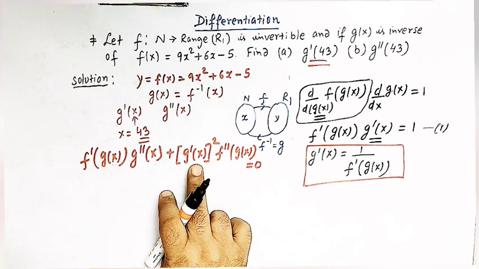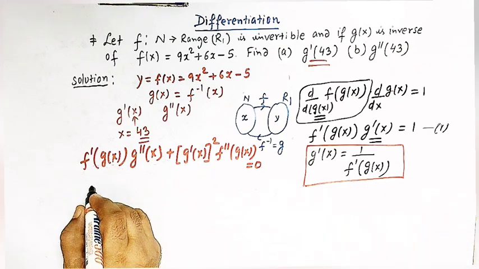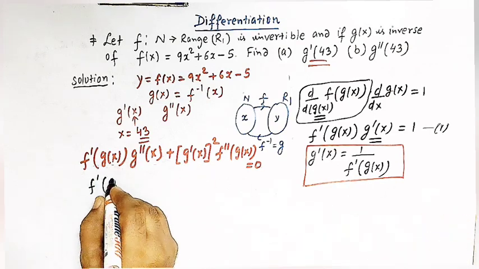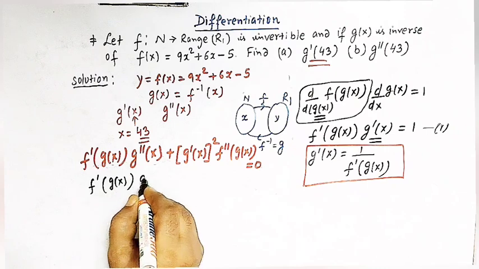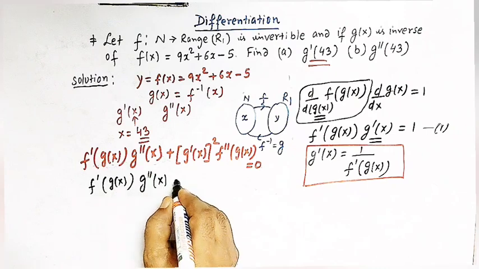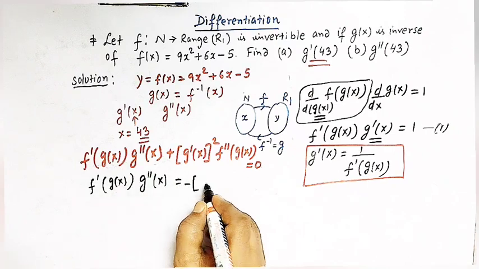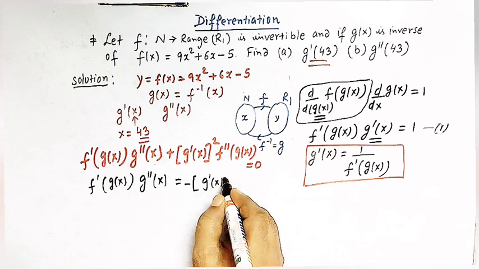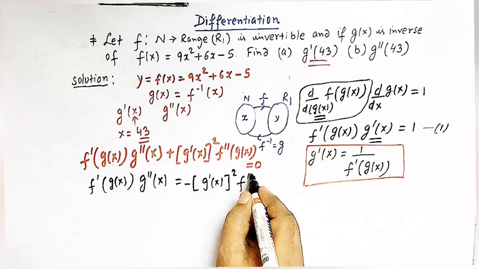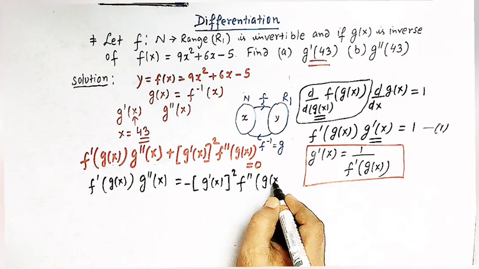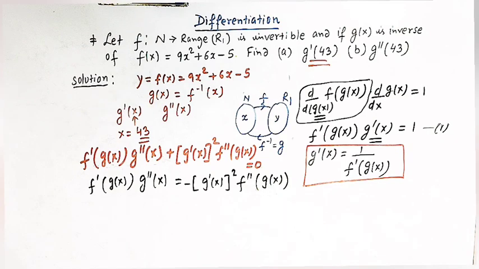So now taking this term to the right hand side, we have f prime of g of x, g double prime x, and here we have negative of g prime of x square and f double prime g of x.